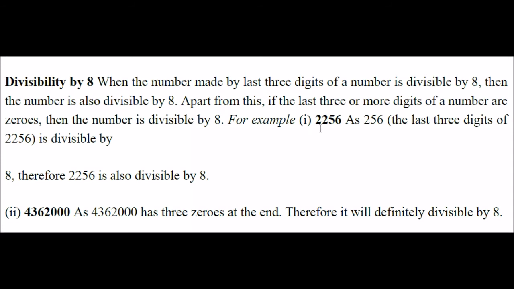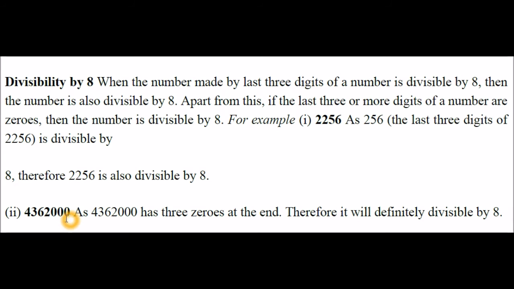For example, 2256. What are the last 3 digits in the given number? 256. 256 is divisible by 8. So automatically the given number 2256 is also divisible by 8. Coming to the second example, 43,62,000.